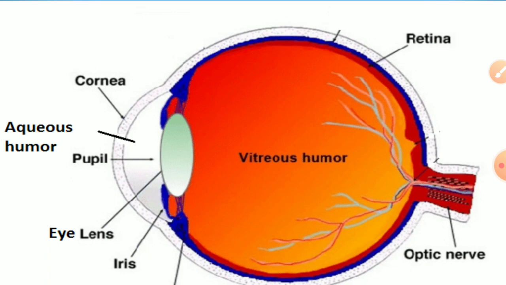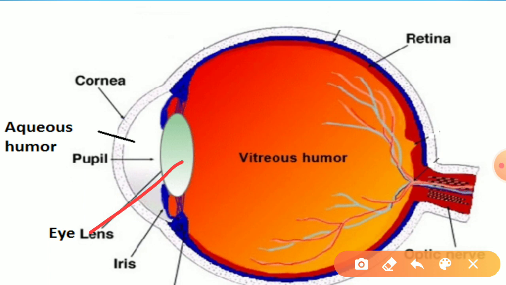This is our eye lens, which is a convex lens made of proteins. It is thicker in the middle as well as harder, and gradually as we move away from the center, it becomes weaker and softer.